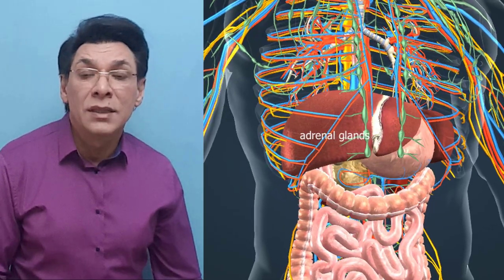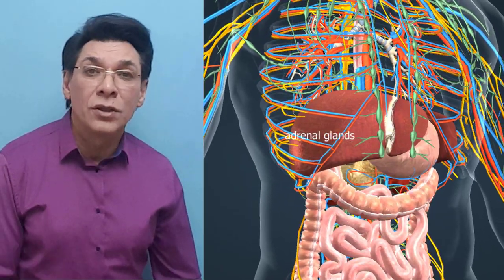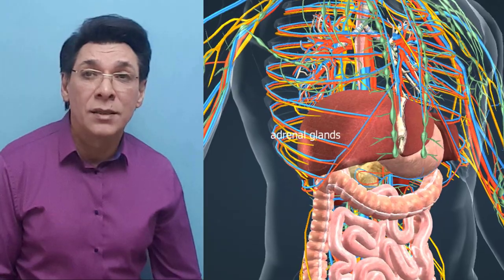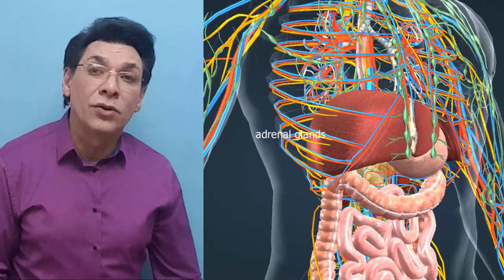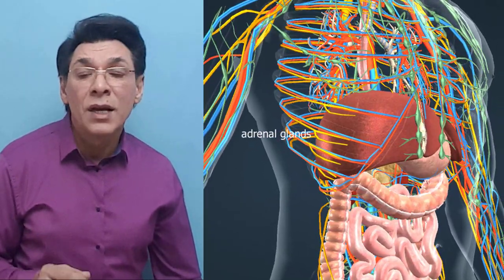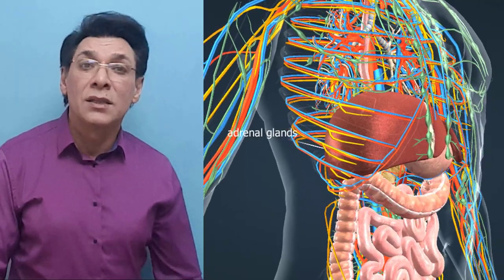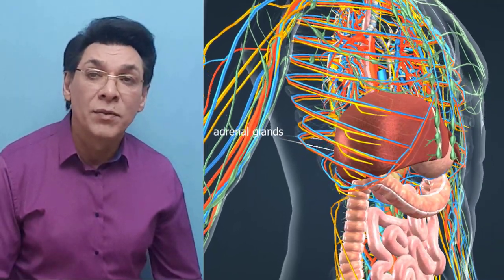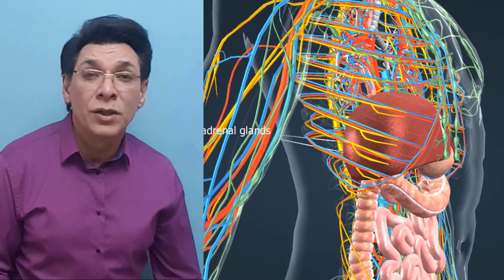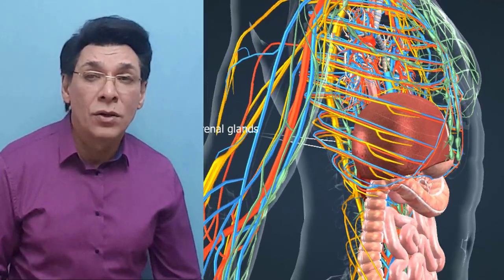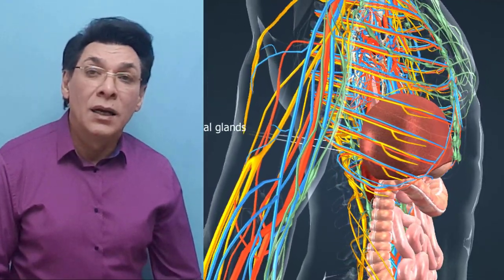This lecture is the first of 3 lectures on the endocrine system of glands that secrete hormones directly into the spaces surrounding their cells, from which the bloodstream picks up and circulates them.